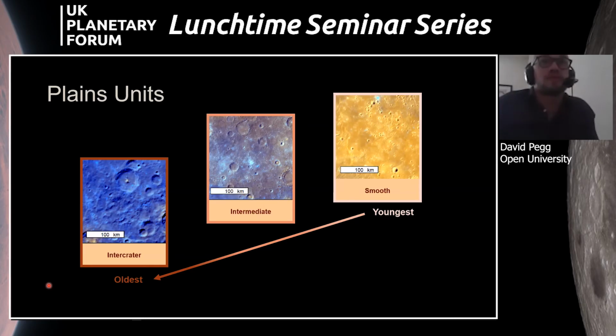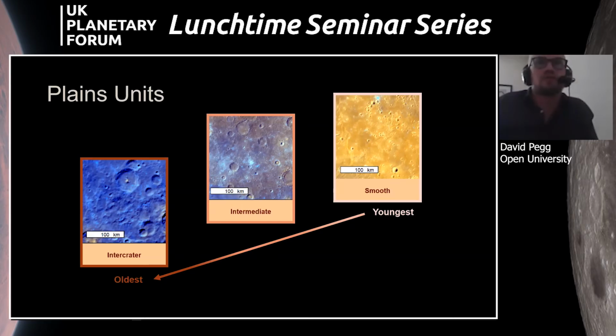You'll notice that there is a color difference to them. And for those of you who work on things like asteroids, you might think, well, the reddish end member should be the more space weathered than the bluish end member because of space weathering. However, there is a compositional difference that, we think, accounts for this. The smooth plains tend to be lower in things like magnesium and iron and higher in silicon than the intercrater plains.